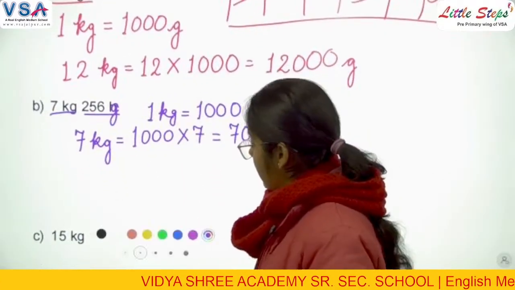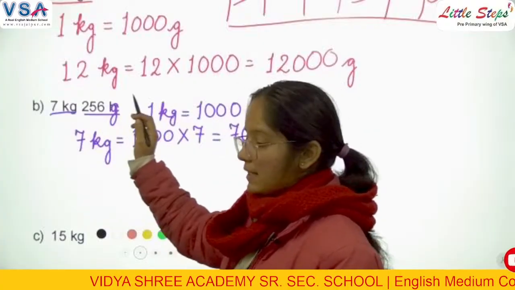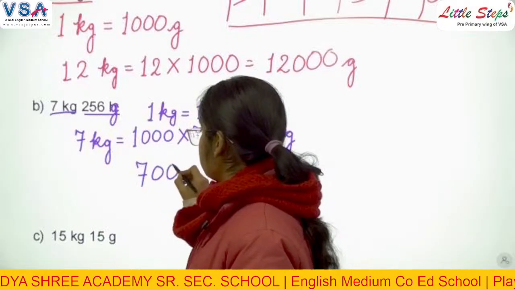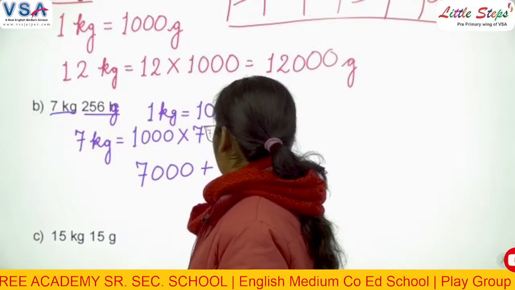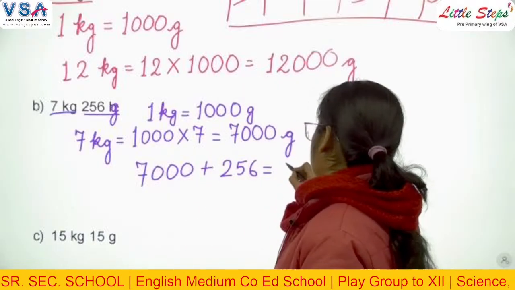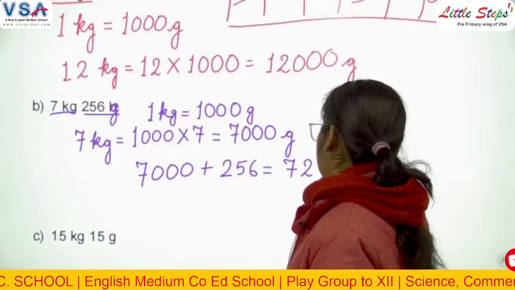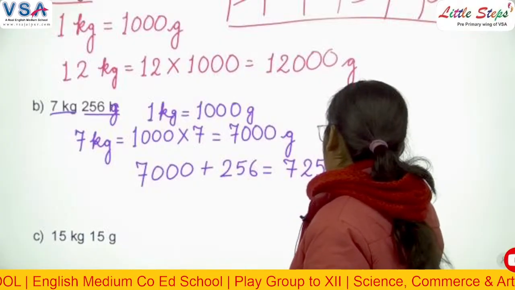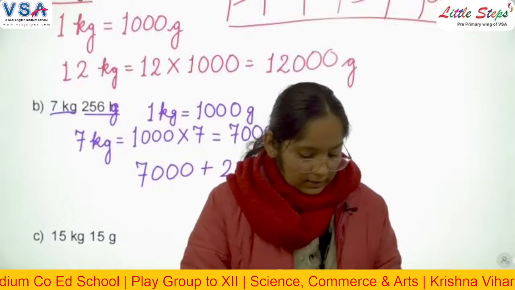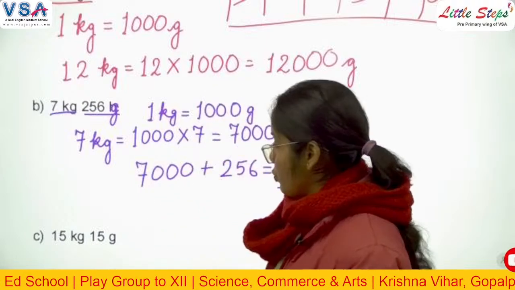So we have 256 grams here already. So what will we do? 7000 added to 256 will sum up to 7256 grams. This is our answer. Am I clear? I hope I am clear. Let's move to the next one.